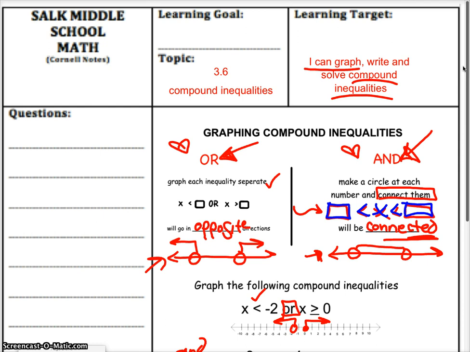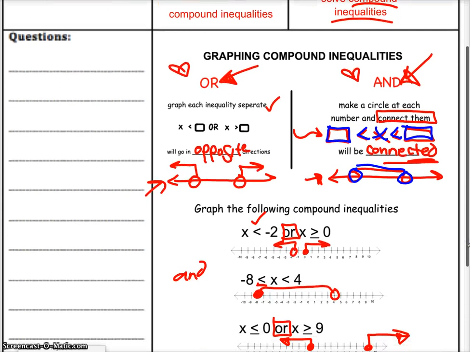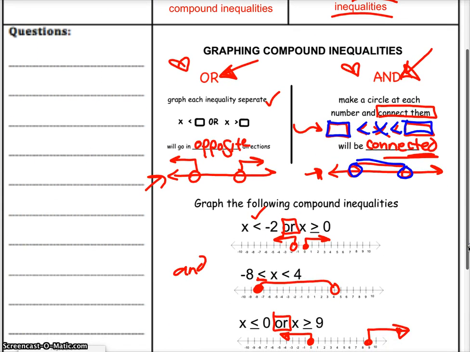Do you feel like you would be able to know, hey, that's going to look like an and graph. X is in between those. So you could think of the boxes or the numbers as the circles, and then x is between them. So between them means color it in between them. And that's our learning target for today. All you're going to have to do is graph a bunch of different compounds.